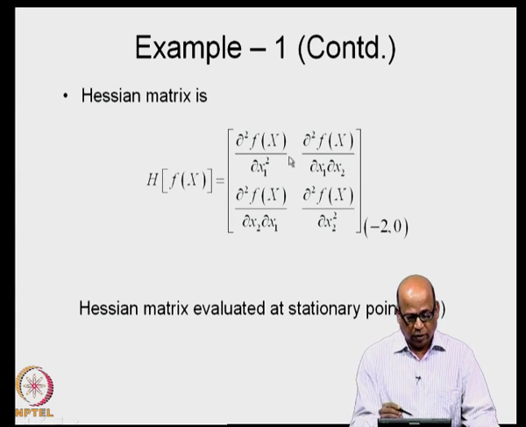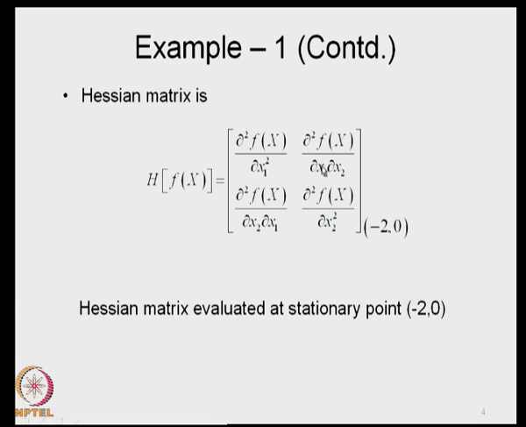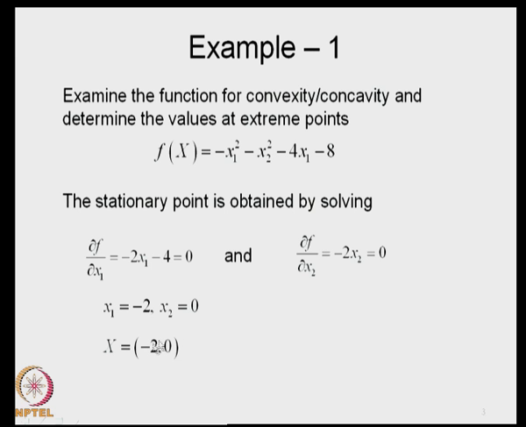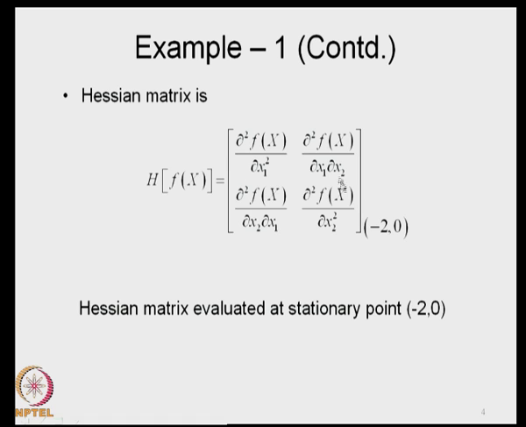The Hessian matrix of f of x is the matrix of the second derivatives: d square f by d x1 square, d square f by d x1 d x2, d square f by d x2 d x1 and d square f by d x2 square. This has to be evaluated at the stationary point minus 2, 0. So, we evaluate the Hessian matrix at minus 2, 0.